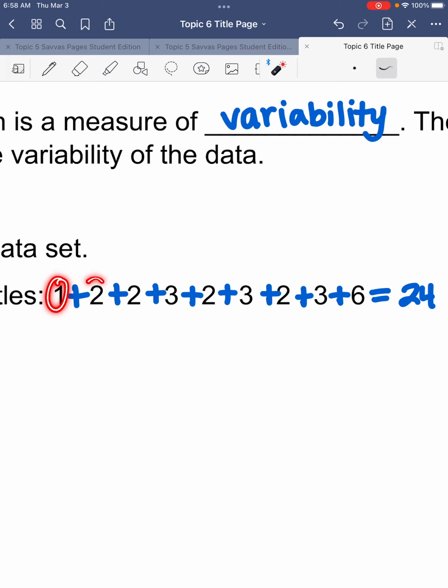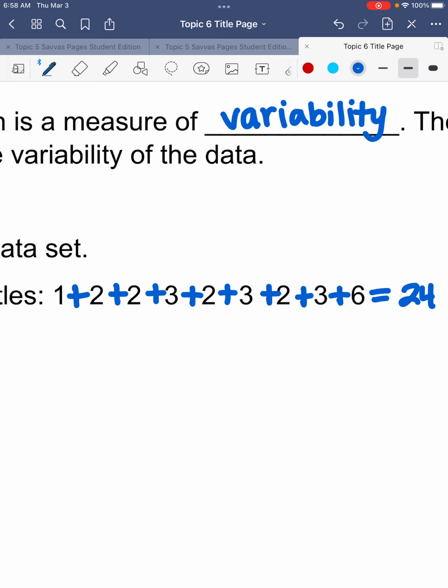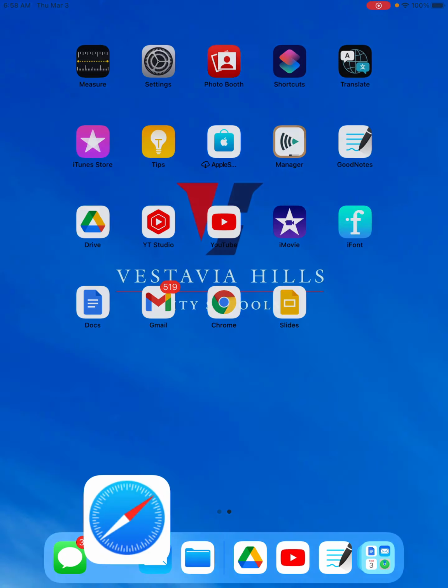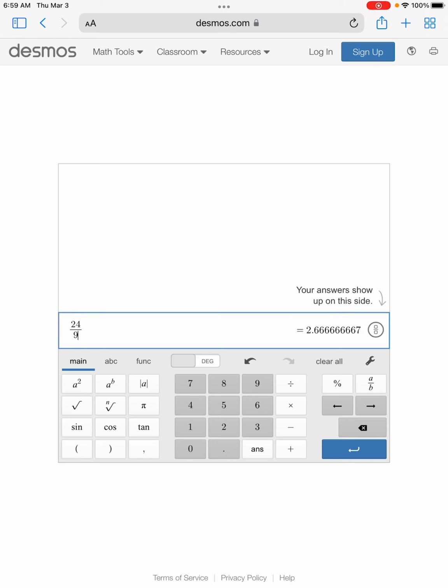We have 1, 2, 3, 4, 5, 6, 7, 8, 9 terms. So I'm dividing 24 by 9, and in my calculator that gives me the decimal 2.6 repeating. So I'm just going to use 2.6.